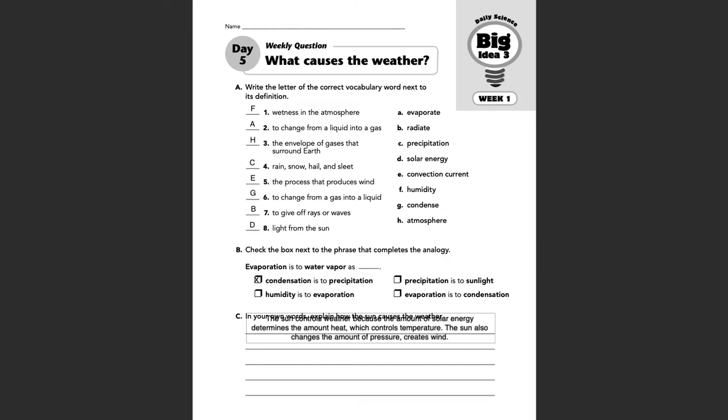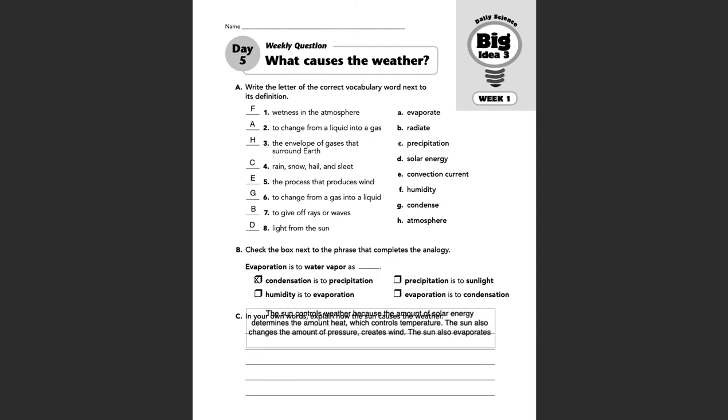And if we're talking about the water cycle, the sun is what causes water to evaporate. Also determines the amount of humidity in the air.